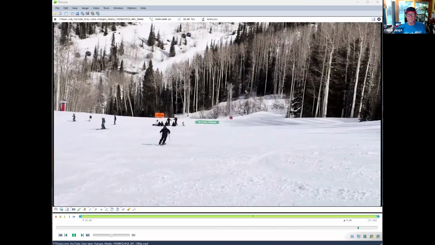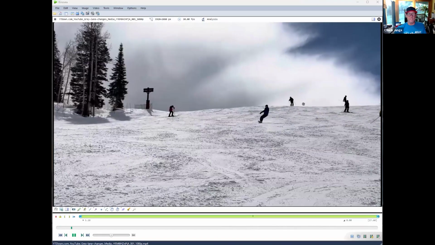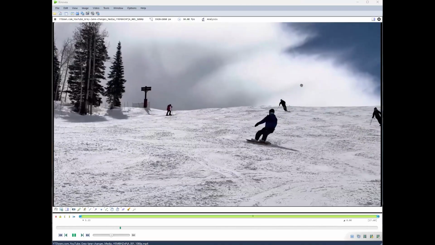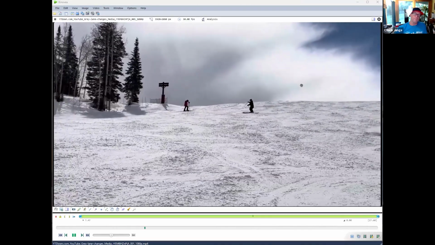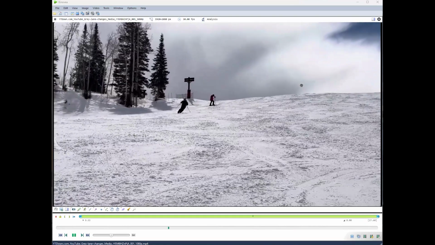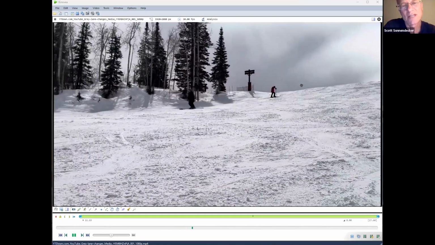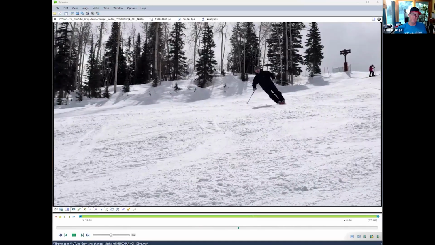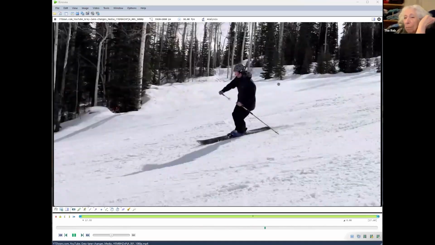Is that okay? I mean, banking relatively was more just kind of a description, but it is an inclination. I think of banking as inclination with no angulation. Yeah, pretty much.